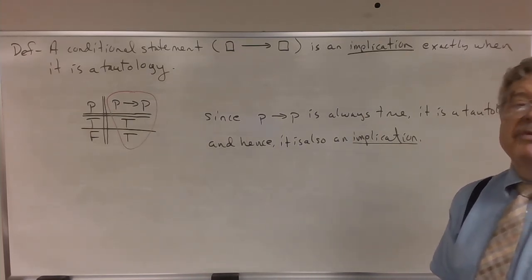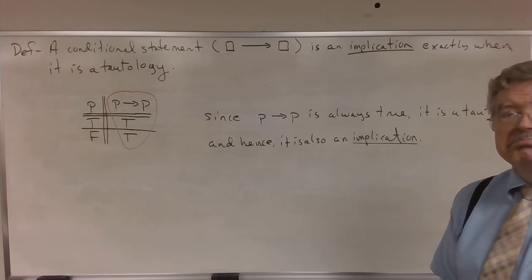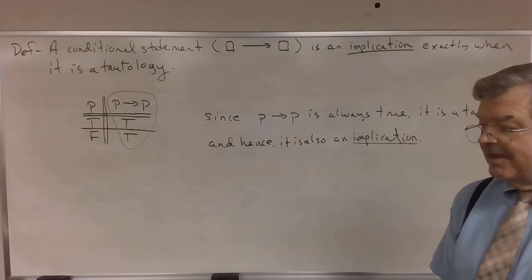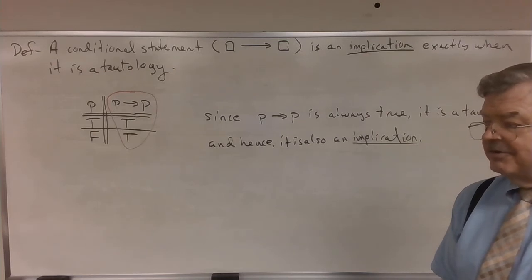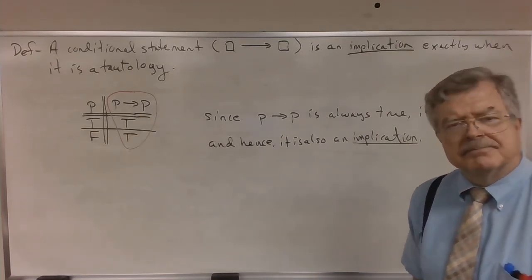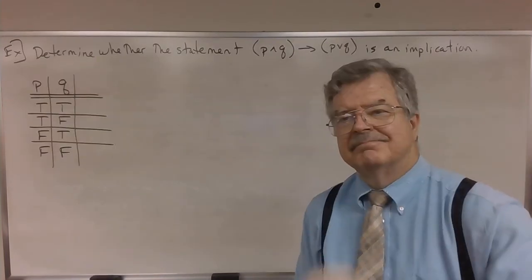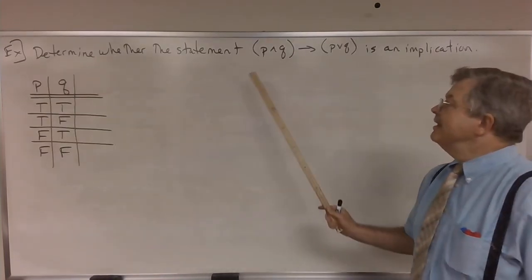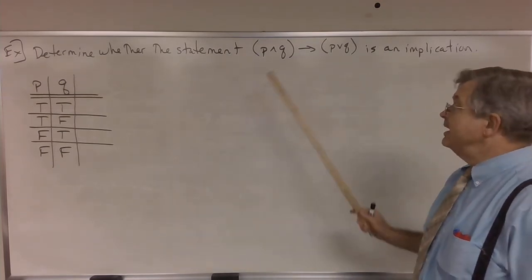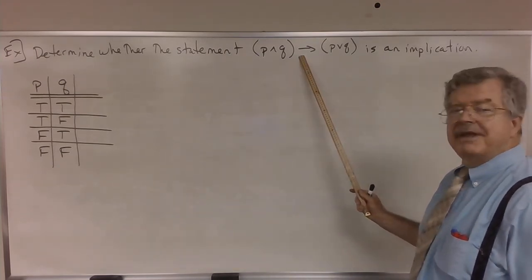And now we'll create, hopefully, a statement which is an implication and one that has a bit more substance to it. This one might do the trick. It's definitely a conditional statement.